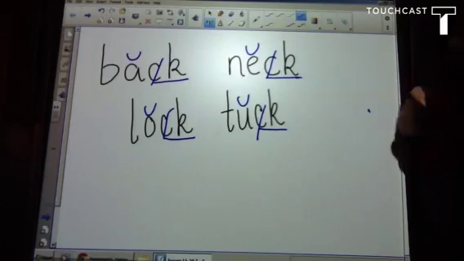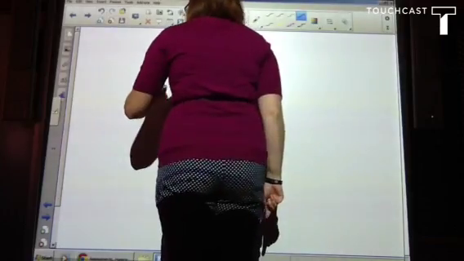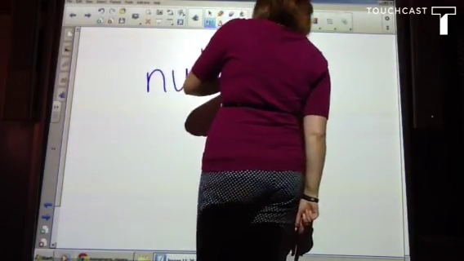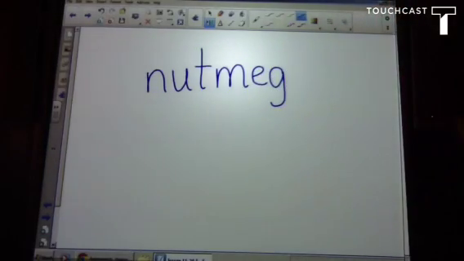Let's practice some other words you're going to have on your worksheet today. What is the very first thing I need to do in this word? Not yet. How many vowel sounds do you see? 2.